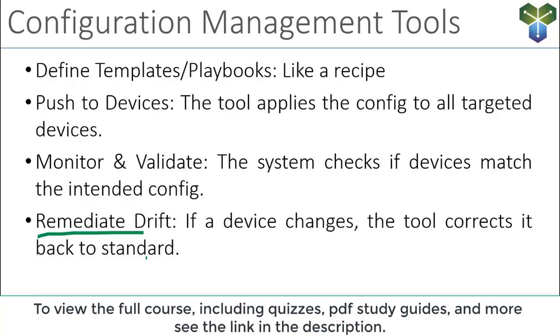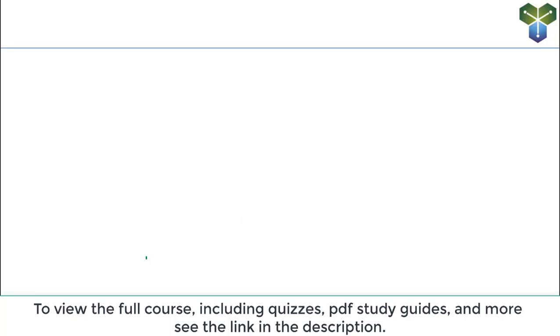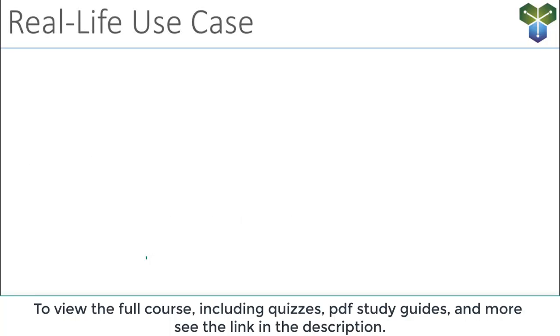So once we start working with a configuration management tool, that becomes the way that we configure our devices. And if we start going into those devices individually and managing them individually, we're going to create configuration drift, and the configuration management tool is going to resolve that configuration drift for us.